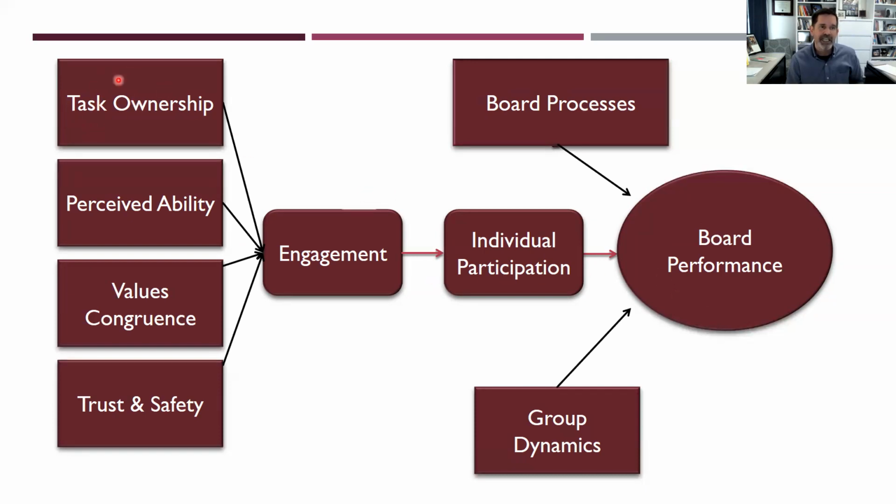How does the individual board member understand their responsibilities as a board member? How do they feel about their ability to fulfill those? Do they align with the values of this organization, and do they trust and feel like this is a safe place to fully participate? That's some of those group dynamic elements. Those four factors contribute to the propensity of board members to be engaged in the work that they're doing.